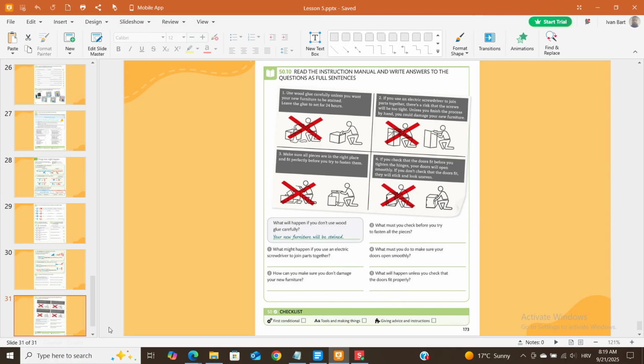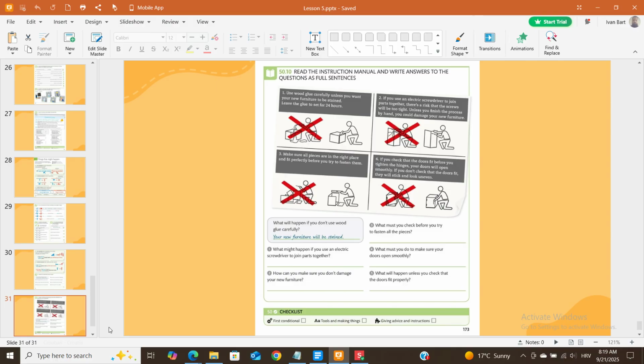If you use an electric screwdriver to join parts together, there's a risk that the screws will be too tight. Unless you finish the process by hand, you could damage your new furniture. 4. If you check that the doors fit before you tighten the hinges, your doors will open smoothly. If you don't check that the doors fit, they will stick and look uneven.